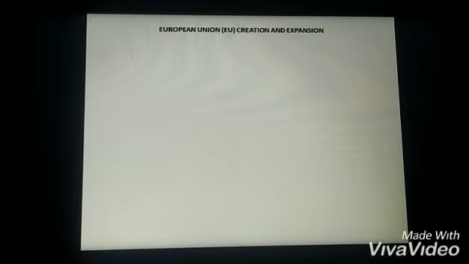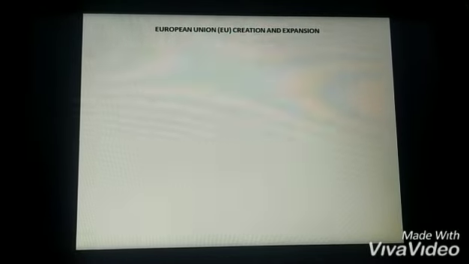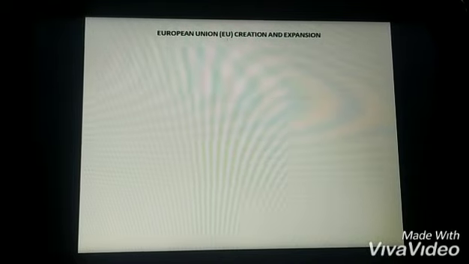Now let's see why this European Union was created, and then let's see the historical background of this European Union, how it came into being through this lesson, and then we will also learn how it's being an alternative center of power.